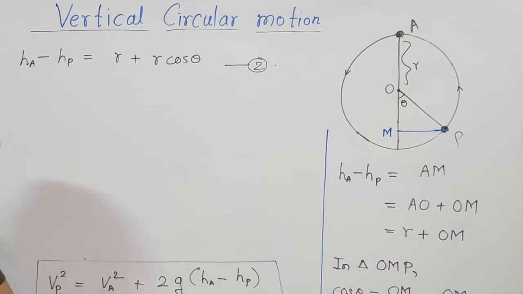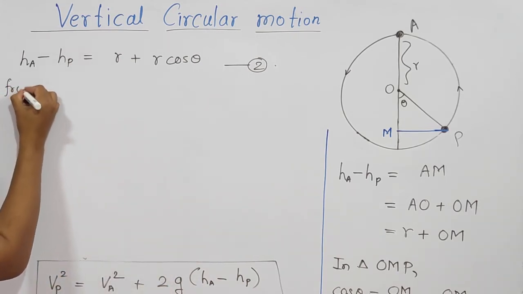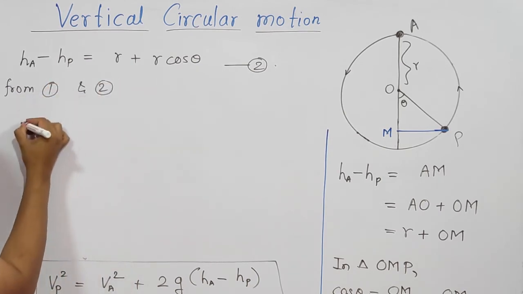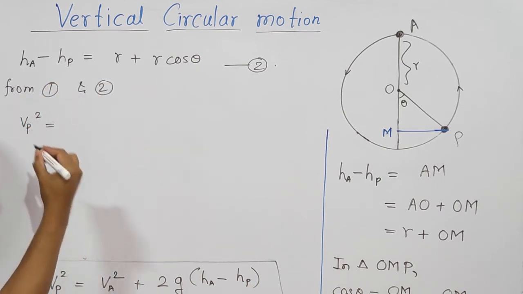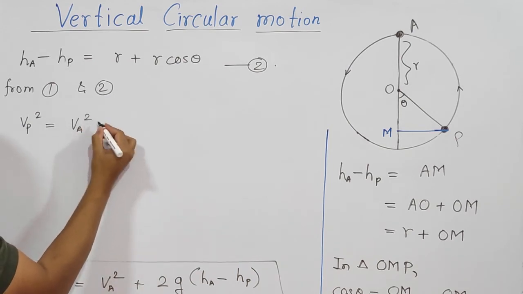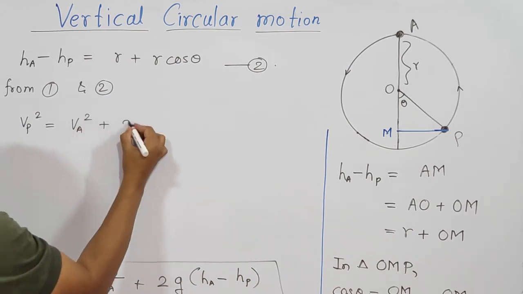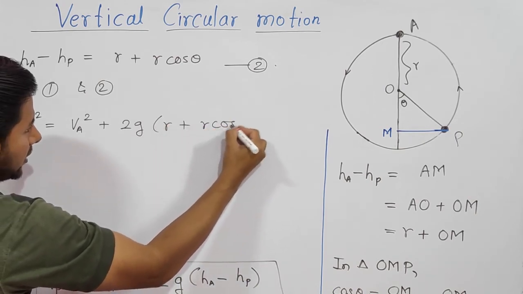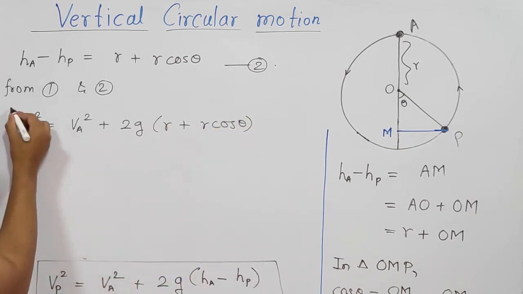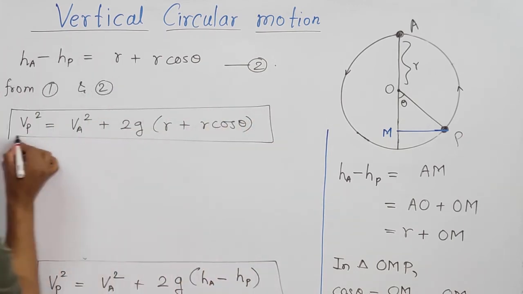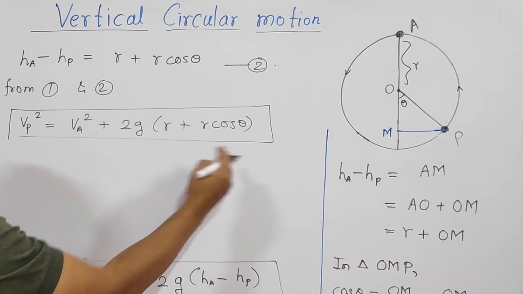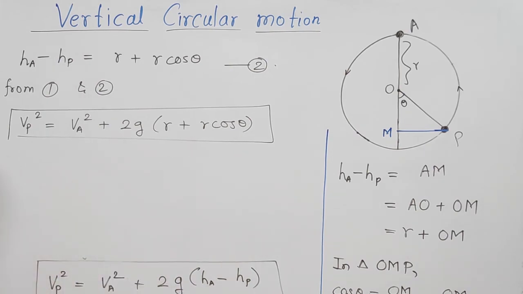Then from equation 1 and 2, we can write, from 1 and 2, we have Vp squared equals to Va squared plus 2 times of G into R plus R cos theta. Alright, so we have substituted HA minus HP equals to R plus R cos theta in this equation number 1.